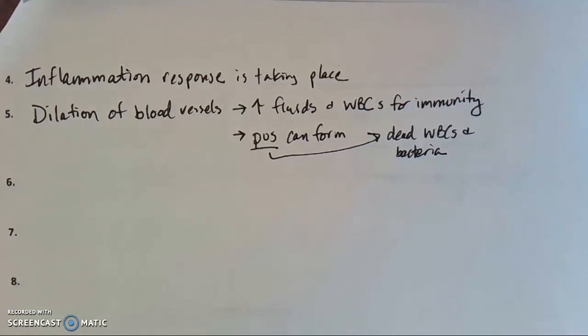So some of these fluids accumulate, and if there's nowhere for that pus to flow out of, it can build up underneath your skin, and it can cause a lot of pressure and pain, and it's called an abscess. Usually with a puncture wound that seals itself off, you can get an abscess, but it doesn't occur all the time. The only way to treat this is to remove the pus. So they have to cut open, and we'll take a better look at that when we talk about the integumentary system.